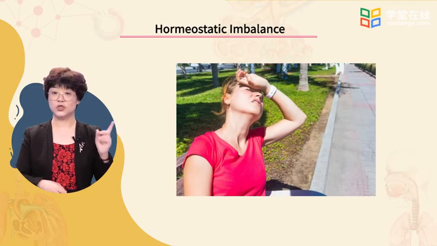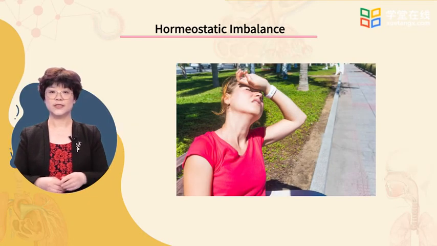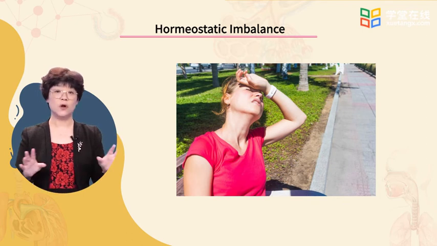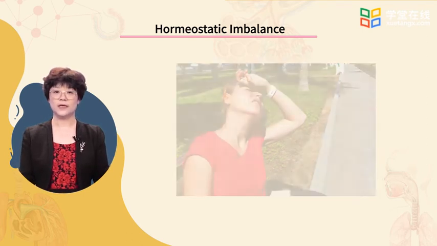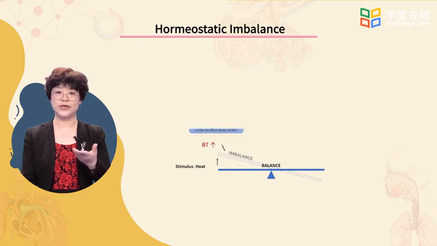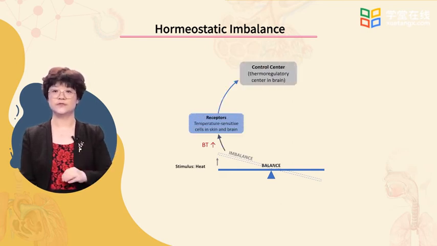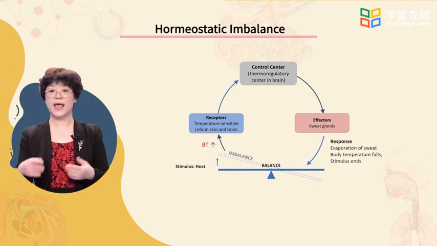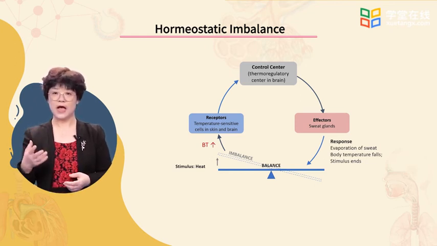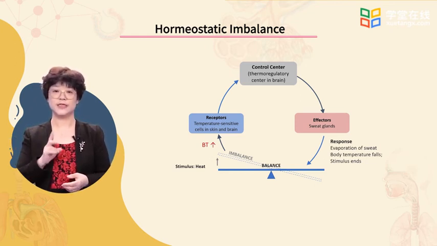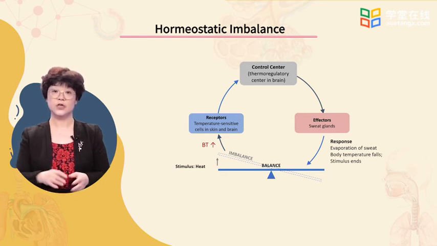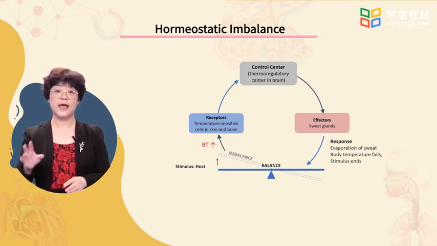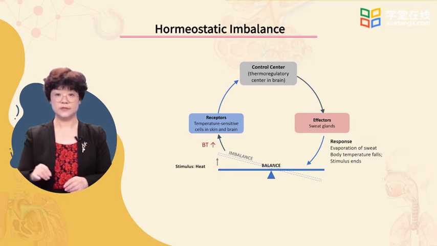So let's go back to Lily. She walked at a high temperature for a long time. Normally, body temperature is regulated through a series of processes. When the environmental temperature is high, body temperature goes up. And this high body temperature triggers heat dissipating system to keep body temperature at about 37 degrees centigrade.